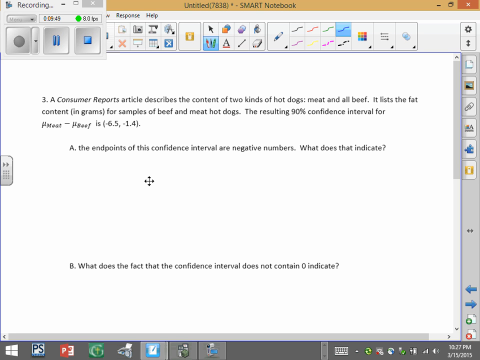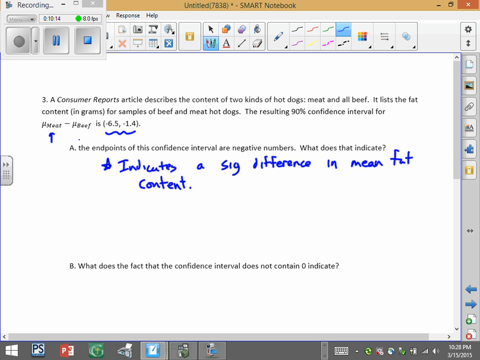So the endpoints of this confidence interval are negative numbers. What does this indicate? Well, for us right now, it indicates a significant difference in mean fat content, right? Beyond this, because the whole thing's negative, well, which one of those would have to be bigger to make this negative? It'd be the second number.